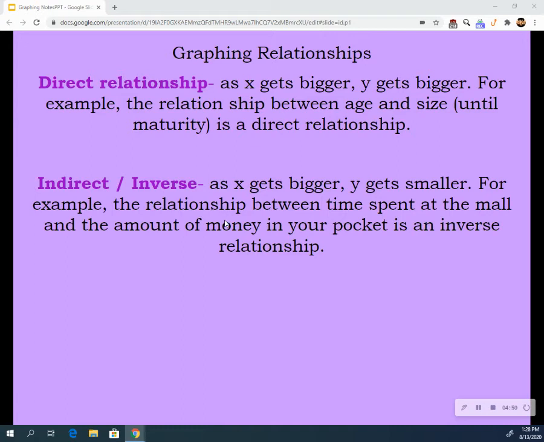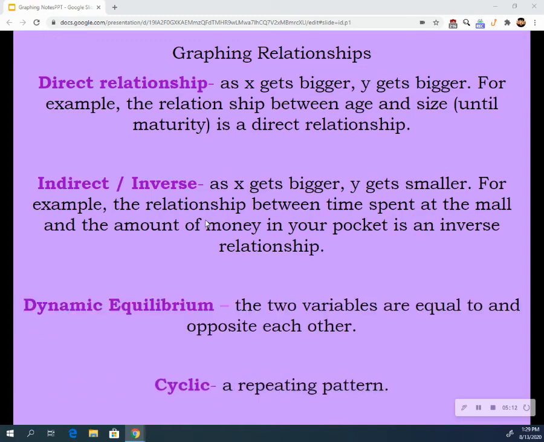Think about the temperature. As the temperature goes up, the solidity of a piece of ice goes down. Or look at the relationship between the time spent in a mall or online shopping and the amount of money that you are able to spend.